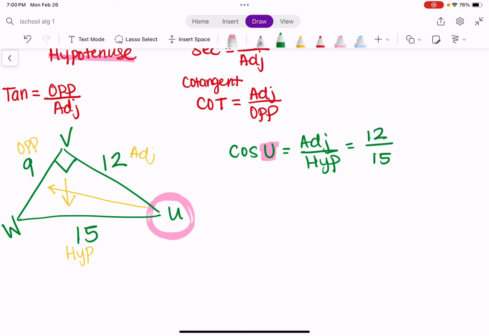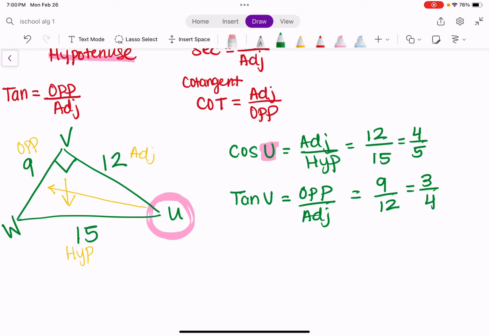You can simplify this fraction to get 4 over 5. Okay? Now let's find tan of u. So tan is opposite over adjacent. So my opposite is 9 and my adjacent is 12. Again, I can simplify that to 3 over 4.